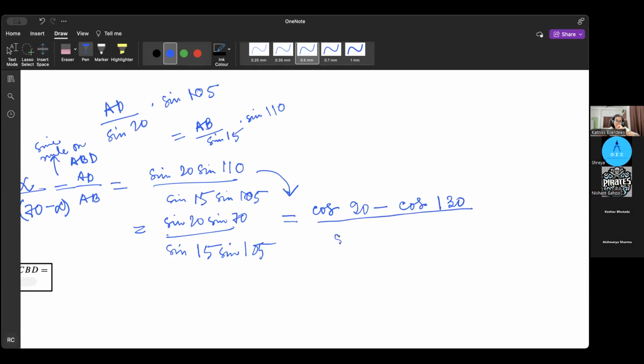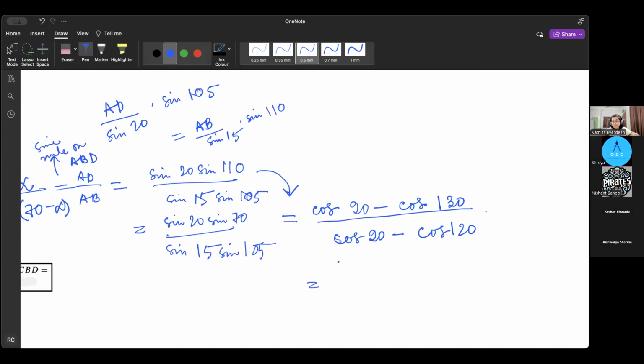This is cos 90 minus cos 120. Hold on. Sine 20, sine 110, and 2 sine alpha cos beta is cos alpha minus beta minus cos alpha plus beta. Yeah, this seems to be correct, right? Yeah, this is right.